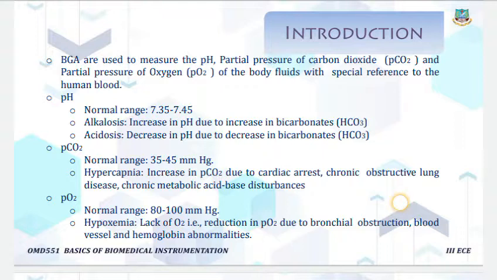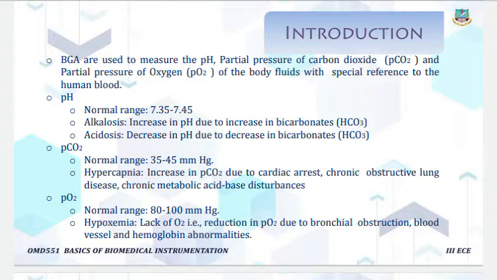First one, pH, that is potential of hydrogen. The normal range of pH is from 7.35 to 7.45. Alkalosis means an increase in the pH value, due to an increase in bicarbonates.